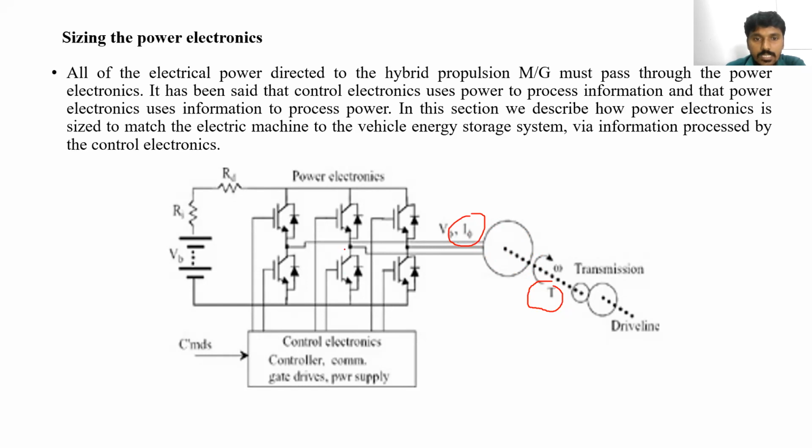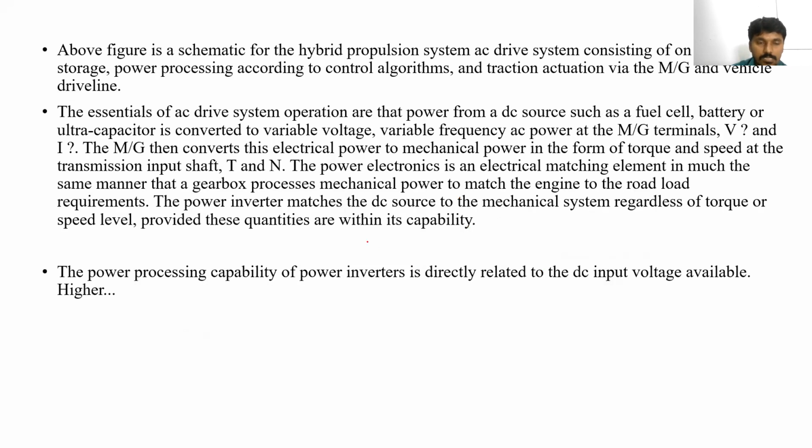So that's why the power electronic converter should send however much current is required to fulfill this much torque. That's why the power electronics must match the electrical parameters with the mechanical parameters, speed and torque. Voltage must be matched with the speed and current must be matched with the torque. Accordingly, the power electronic converter should be operated like that.